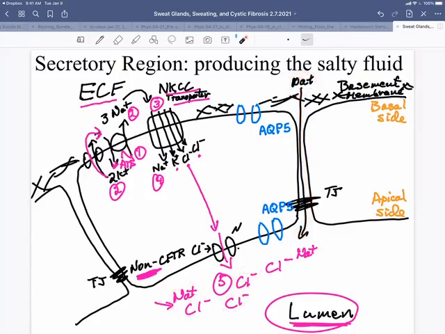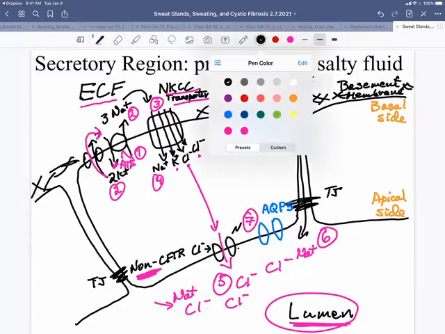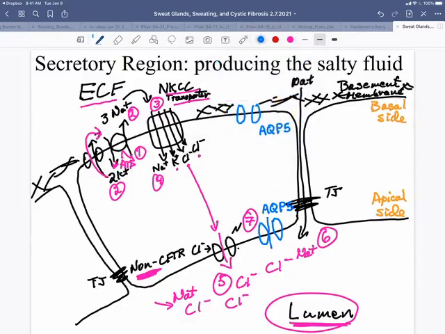So that's number 6. And then 7, because of that sodium, water easily leaves the cell to form hydration shells around the sodium and the chloride.